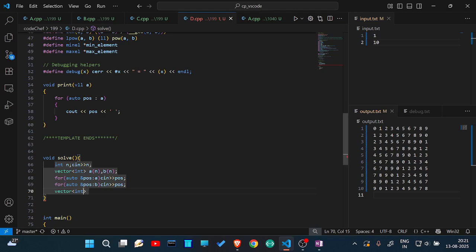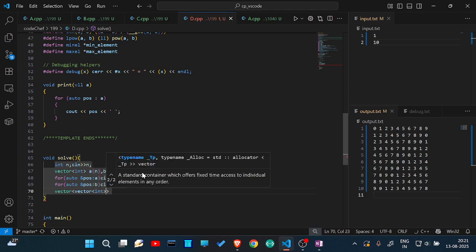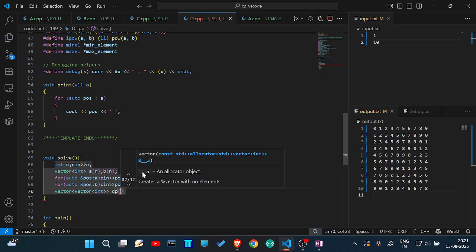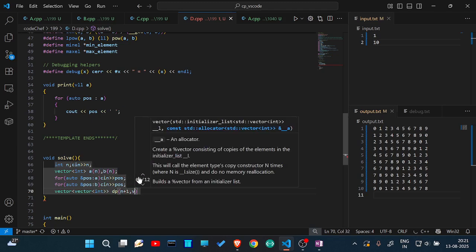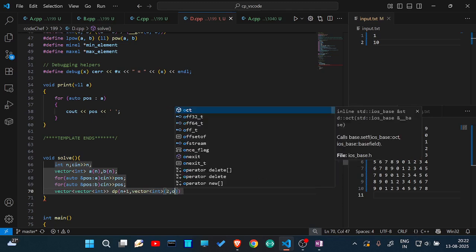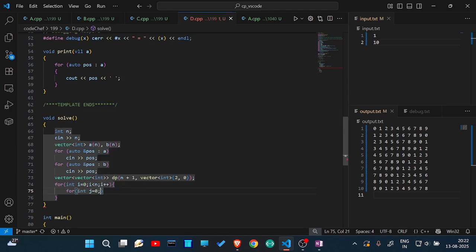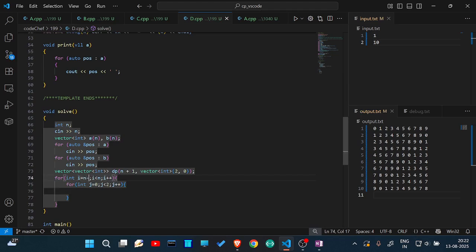Vector of int dp of n, we start. It's going to be 2 initially. Now we just iterate for the DP table, starting from n minus 1 and going to greater or equal 0, and it's going to be i minus 1.